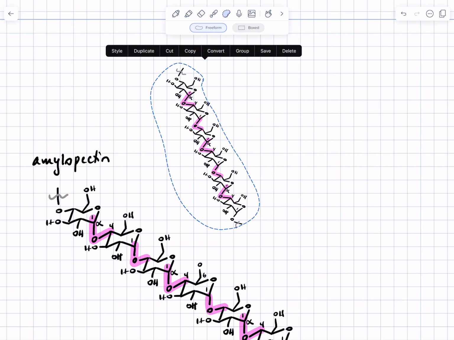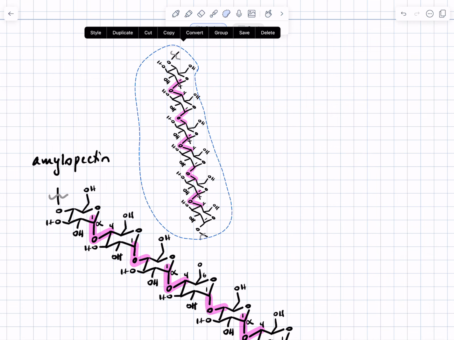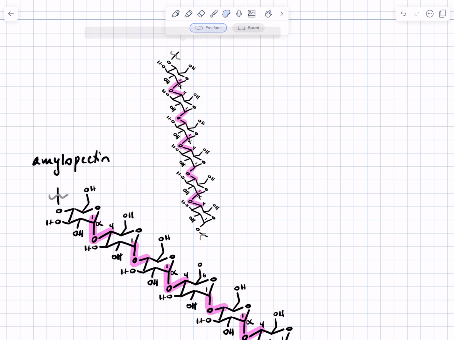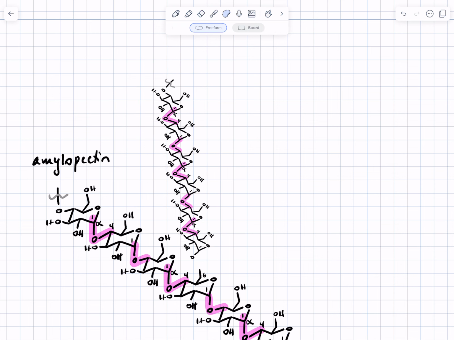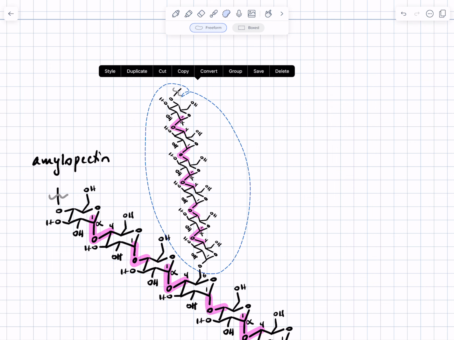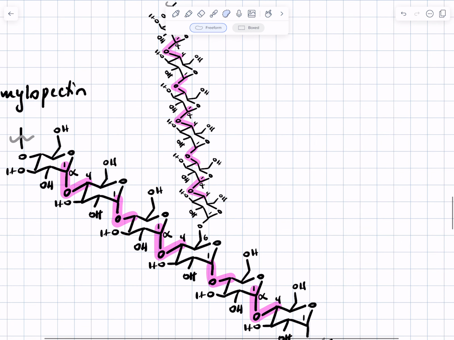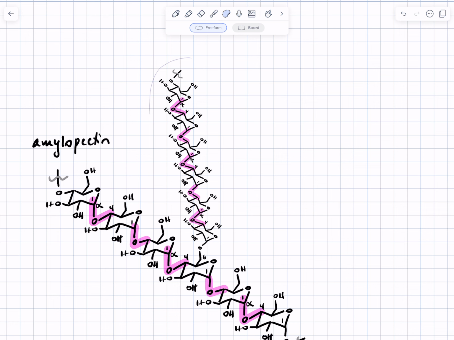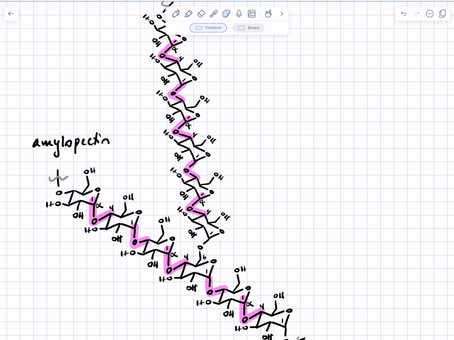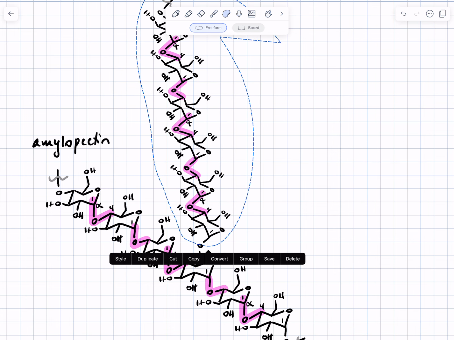We'll take another chain of amylose, and we'll put it there, except I don't like the fact that that is small, whereas the other one's large. So that seems better to me.